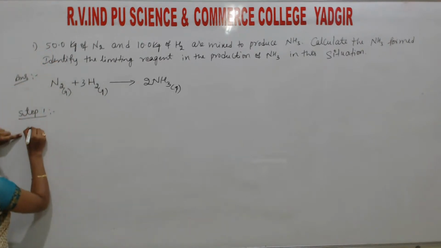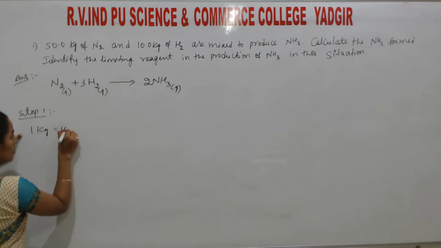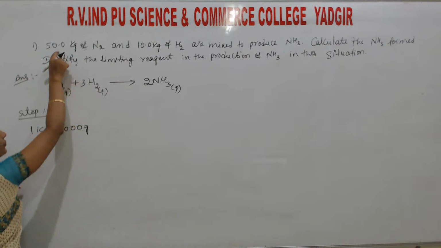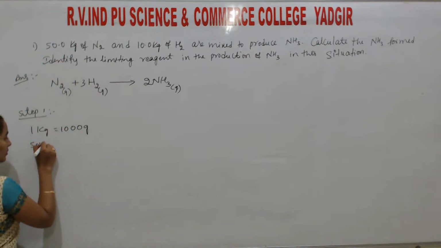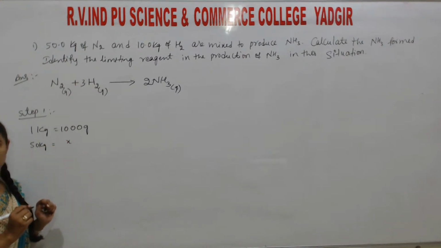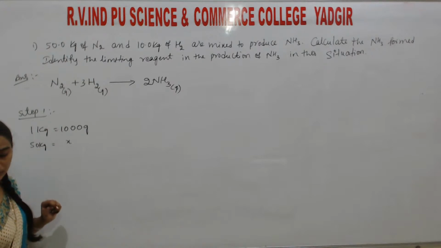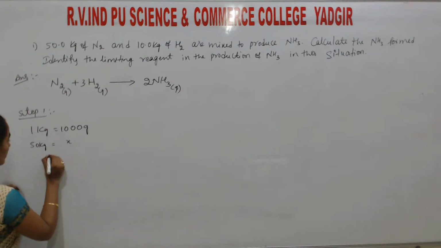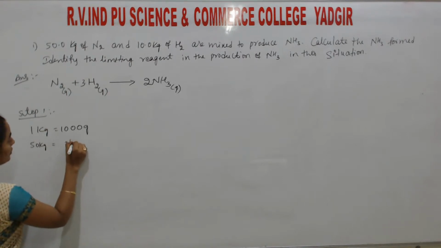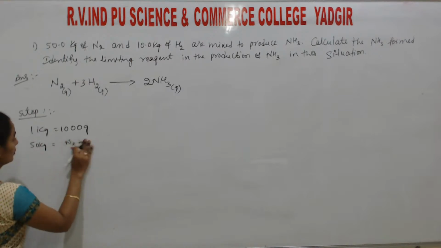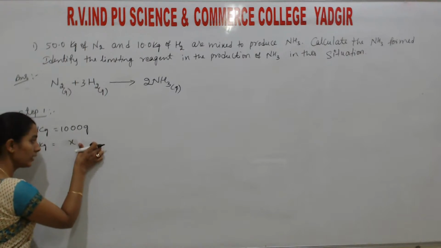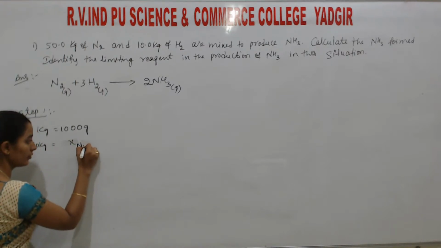Step 1: listen, 1 kg is equal to 1000 gram. Here 50 kg of N2 is given, equal to how much? I will take x gram of N2.